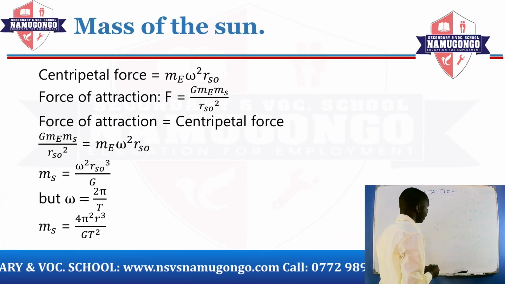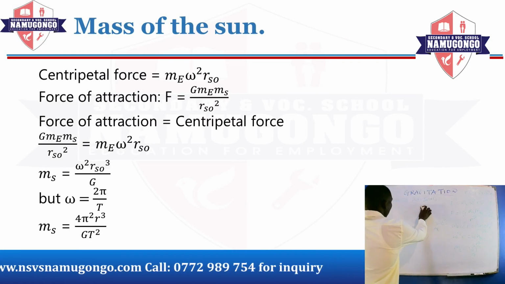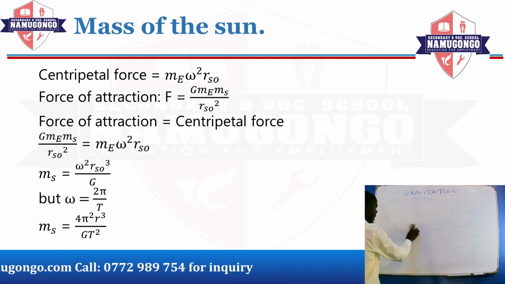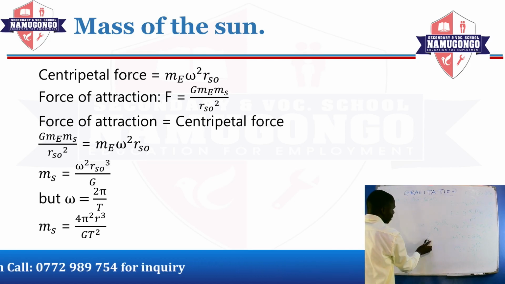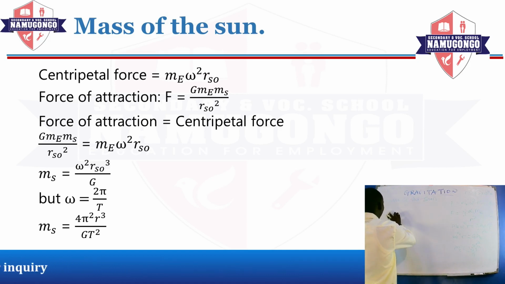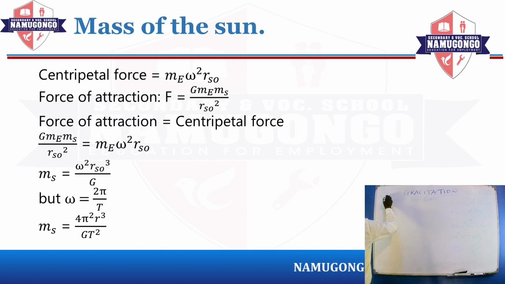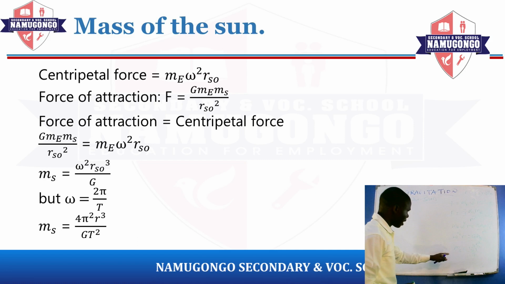Now, omega is the rate of change of the angle of revolution for a body moving in a circular path. And we have seen that omega is given by 2 pi all over T. That one we have derived. Now we shall put it here.